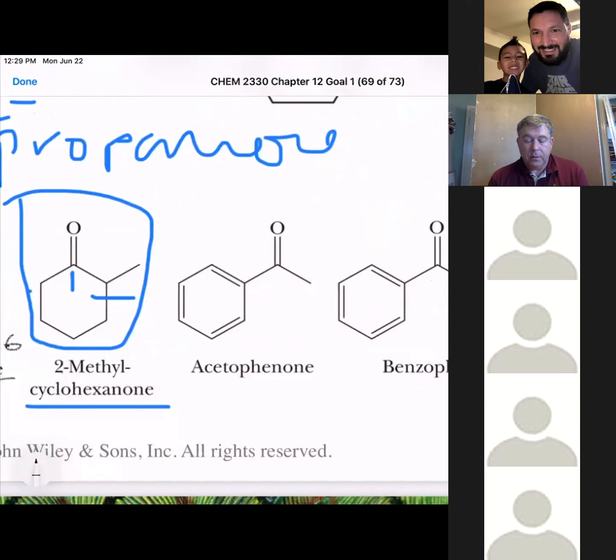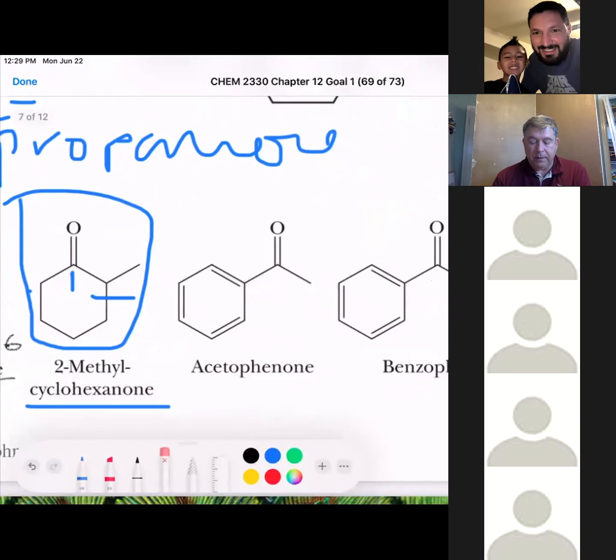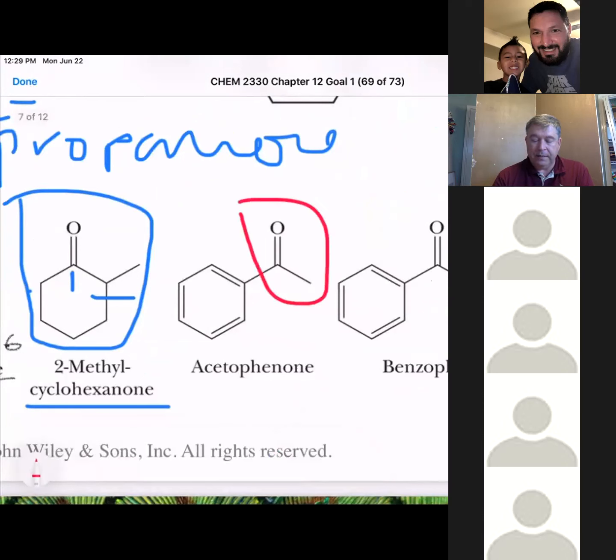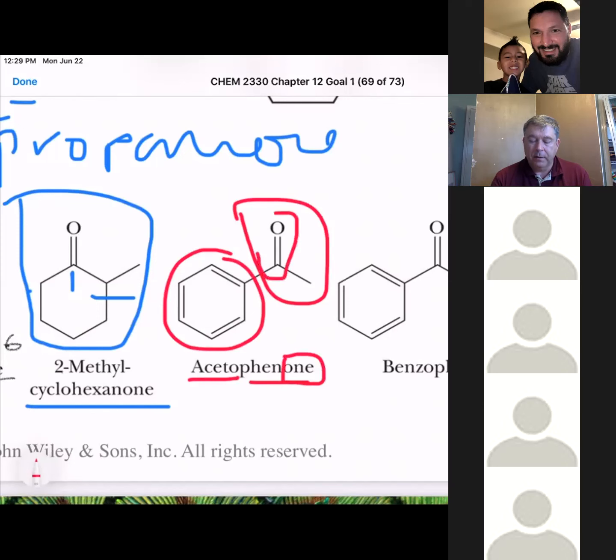Okay. So then we actually have some common names for some of the ketones here. When we have a compound, and we'll learn that this part right here is the part of acetic acid. And so that's why we call this aceto for the acetic acid portion, phenone for the phenyl group, and one because it's a ketone between the acetyl group and the phenyl group.